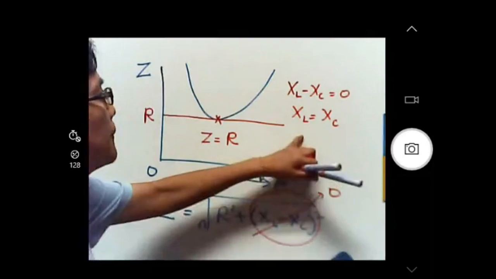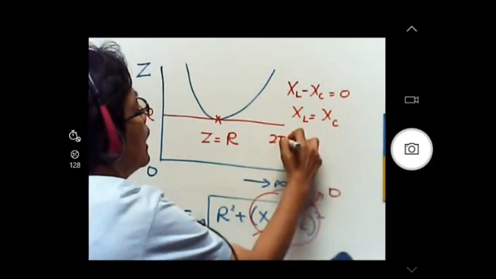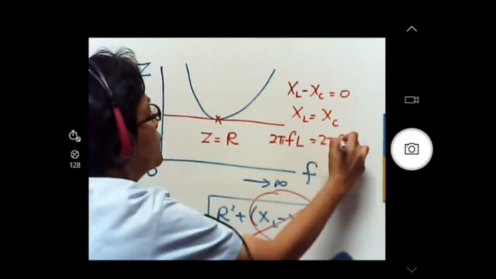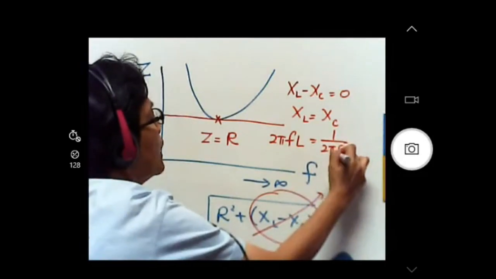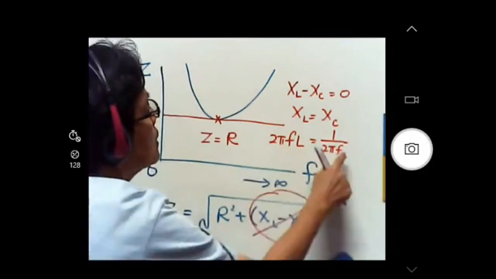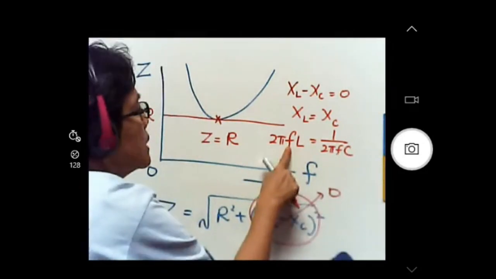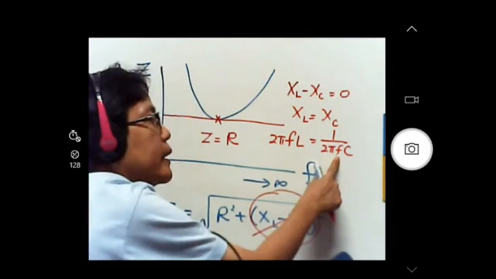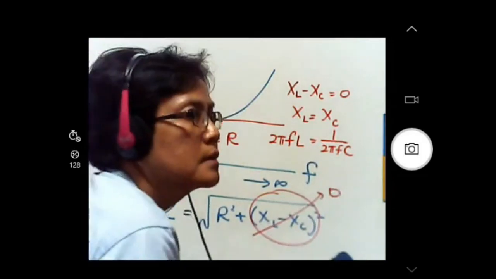This will happen at a certain frequency, meaning 2 pi fL equals 1 over 2 pi fC. This value will be equal at a certain frequency. This phenomenon we call resonance.